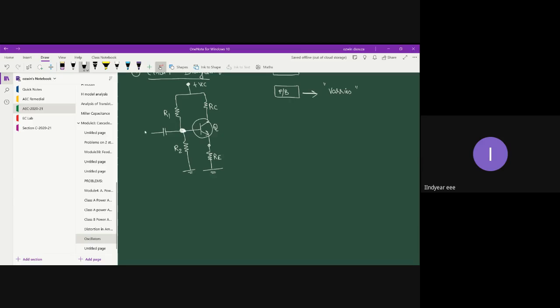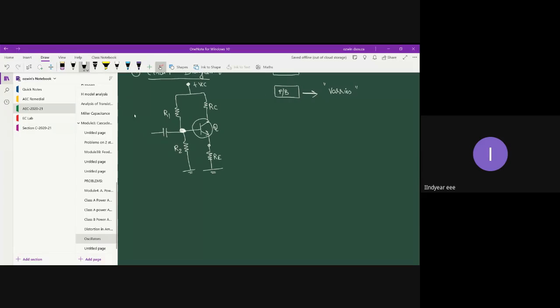In spite of that, students tend to write VI over here, and because of this, the entire circuit goes for a toss. You cannot have an input signal for an oscillator circuit. If you write an input signal for an oscillator circuit, trust me, you will be given 0 marks because your concept becomes wrong. So don't ever write VI for an oscillator circuit.